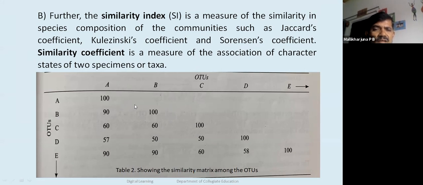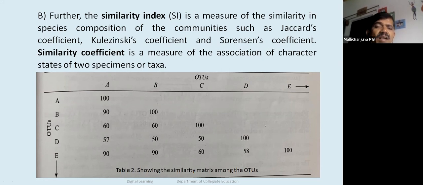So here we have taken five OTUs, and thereby you are comparing the similarity matrix among the OTUs, how much they are similar. If you look at all this, E is highly correlative with 100%. So that is how we are going to construct a similarity matrix.